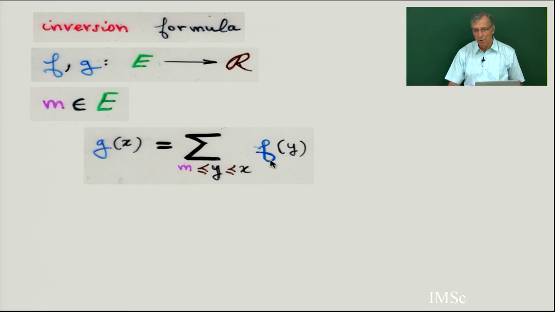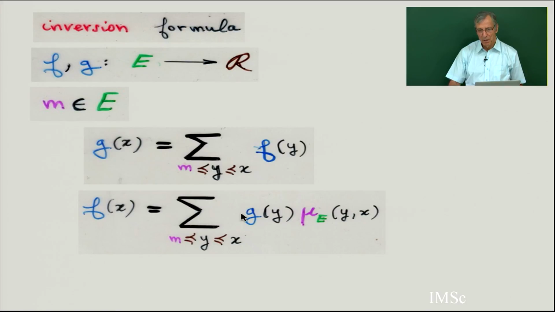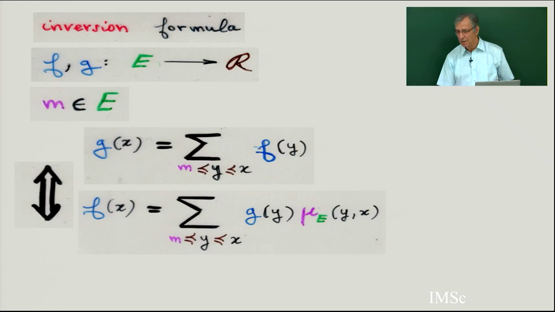It's the sum over all y between m and x, m is fixed. So you can define g like this. Now there is a second relation defining f from g using the Möbius function. And I claim, proposition, that these two relations are equivalent.